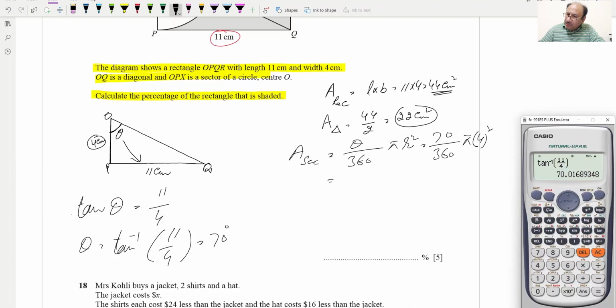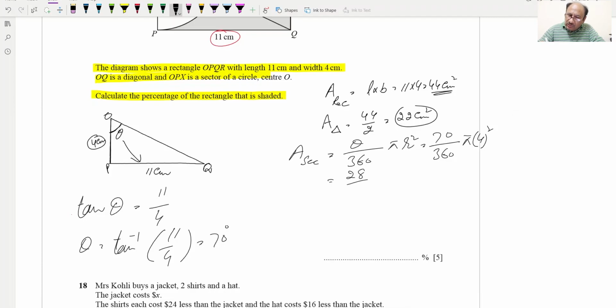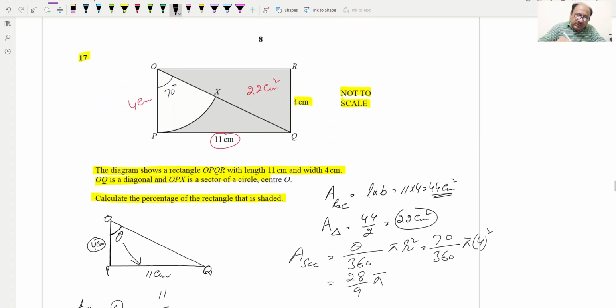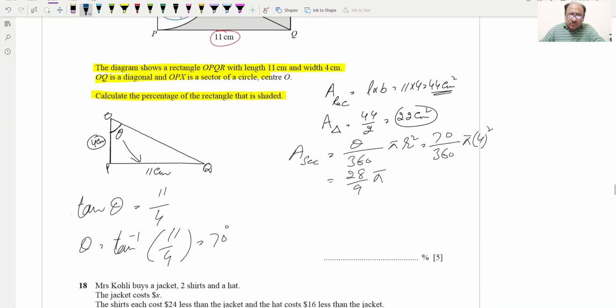Now we can calculate: 70 over 360 multiplied by pi into 16, and this will be equal to 28 over 9 pi. So this is the area of the sector, 28 over 9 pi. So this area we will subtract from the area of the triangle, which is 22.